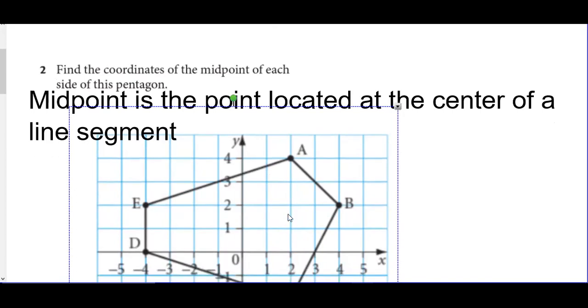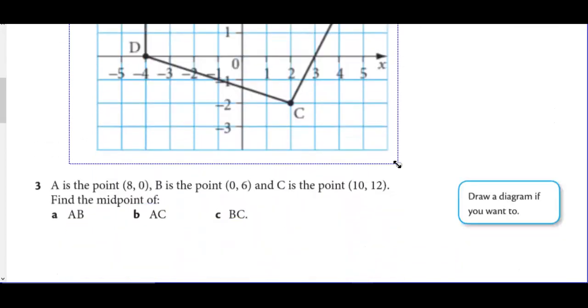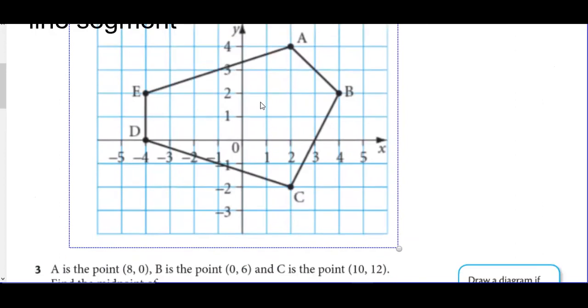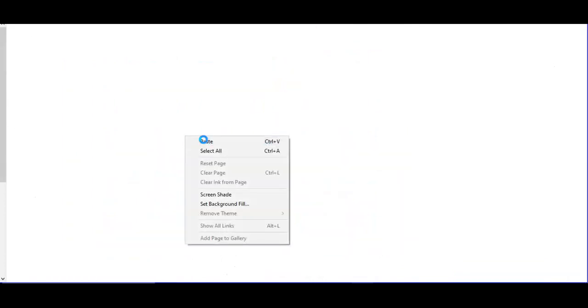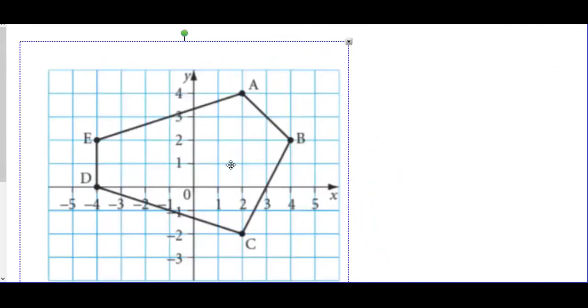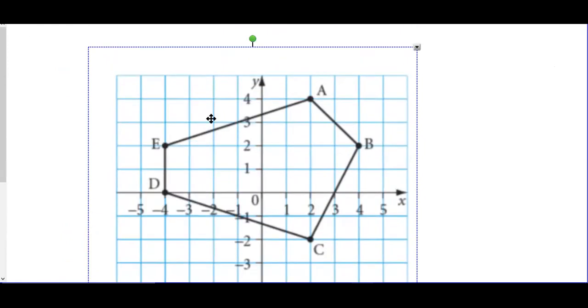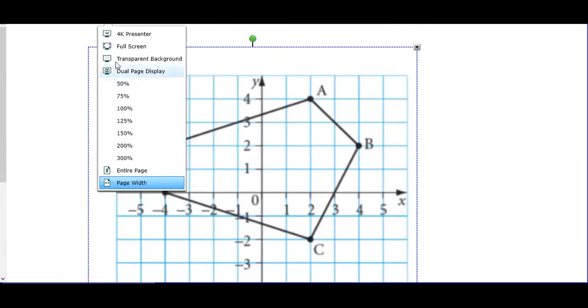Now, let me start with the first side. Okay? Now, suppose I want to find the midpoint of, say, this side here. Let me try to zoom this diagram so that you can understand what exactly I'm doing here.